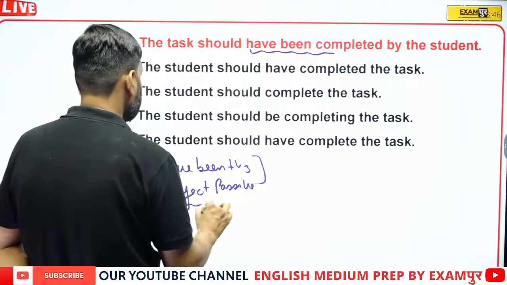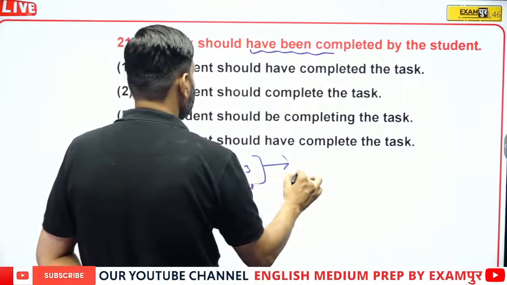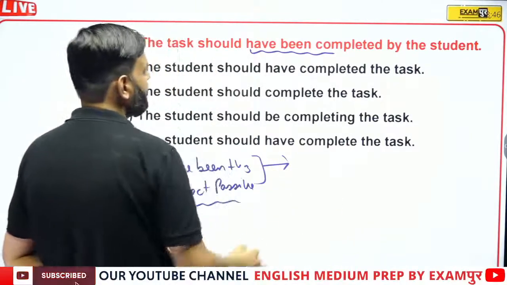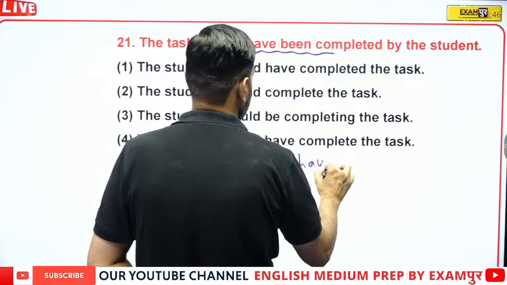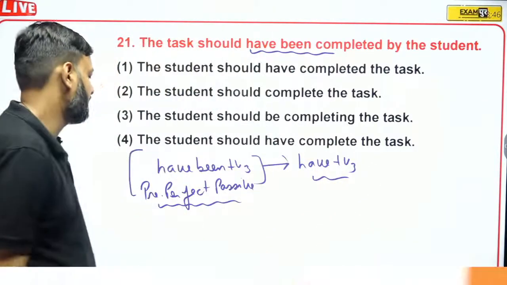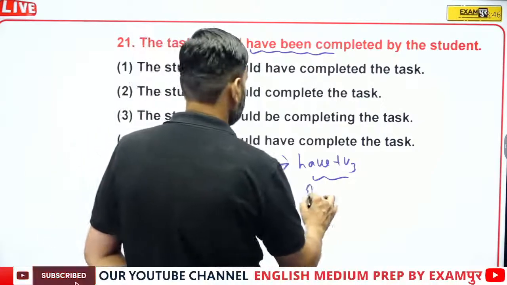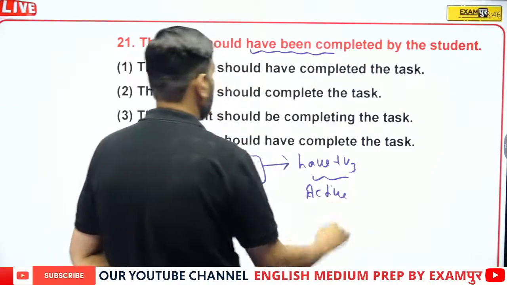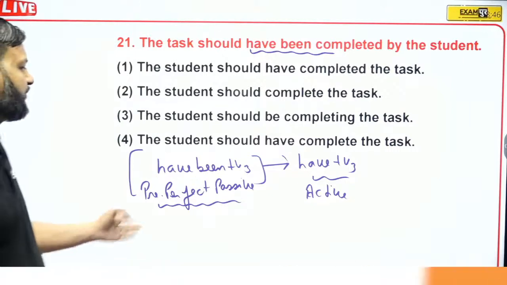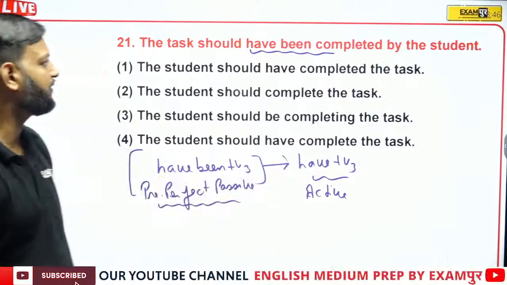This is present perfect passive, and its active should be have plus V3. This is present perfect active. Present perfect passive has have been plus third form, and its active is have plus third form.